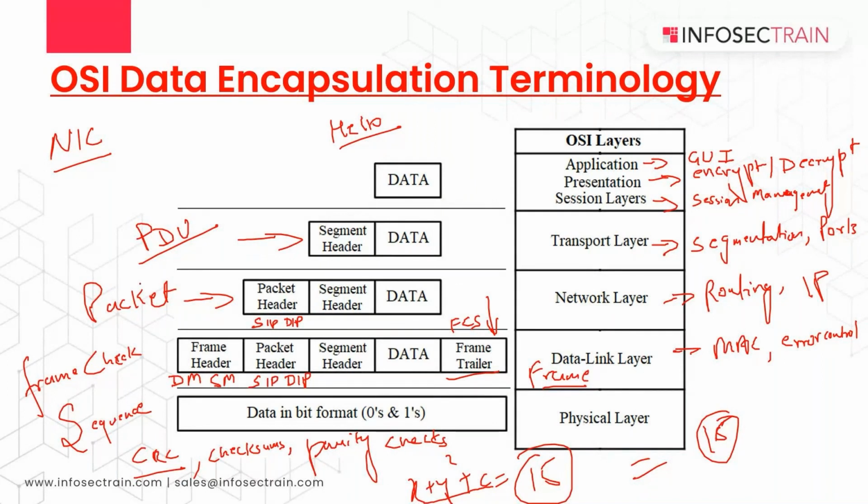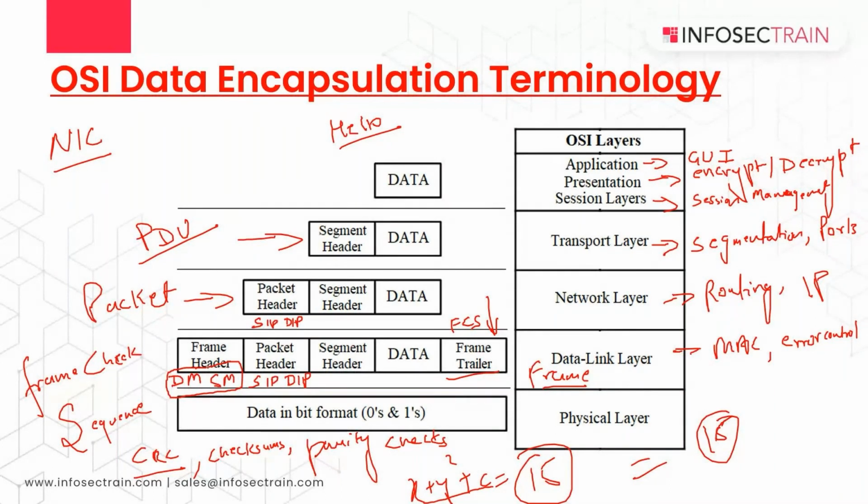Now when the receiver receives this data, what happens? First, the physical layer of the receiver converts the data into a format so that other layers can understand, right? Then the frame goes to the data link layer. Now the data link layer checks the destination MAC address and source MAC address. If the destination MAC address written in the frame matches mine or not, right?